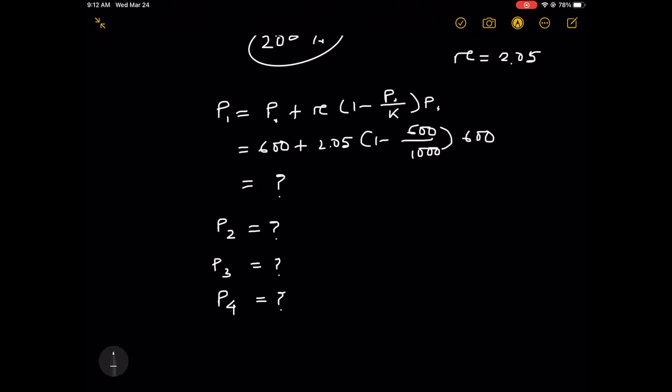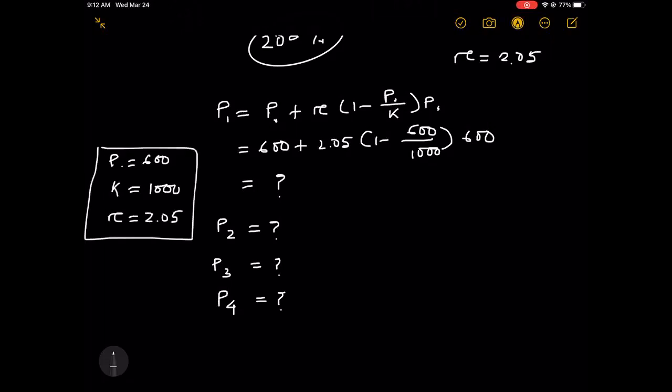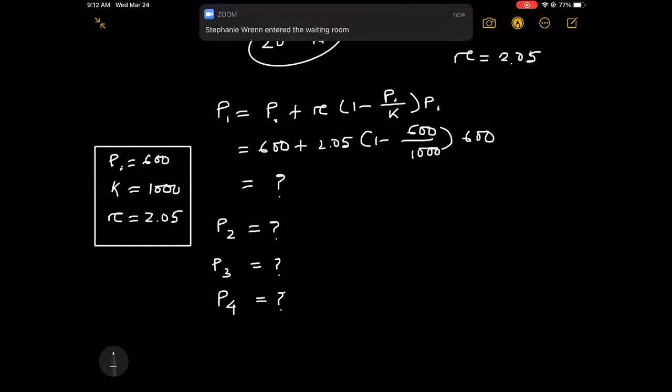What's P1, P2, P3, and P4? You have the data set. P naught is 600, K is 1000, and R is 2.05. What's P1, P2, P3, and P4?